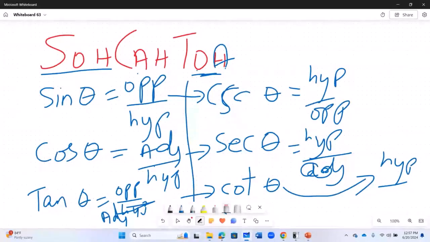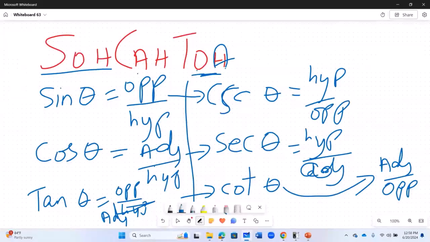Tangent has no business with hypotenuse, so forgive me for that. So since tangent is opposite over adjacent, therefore cotangent, the reciprocal, is adjacent over opposite.